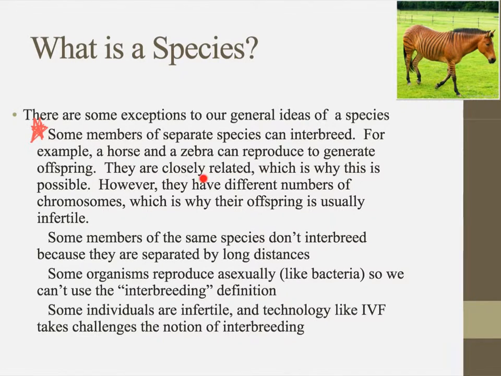Now, how come if they're so closely related that they can reproduce, their offspring is infertile? Well, it just so happens that horses and zebras have different numbers of chromosomes. Remember, that's a defining characteristic of an organism sometimes, and that causes their sex chromosomes and some other ones to really not interact properly to be able to produce fertile offspring. Okay, so some members of the same species don't interbreed at all, okay?